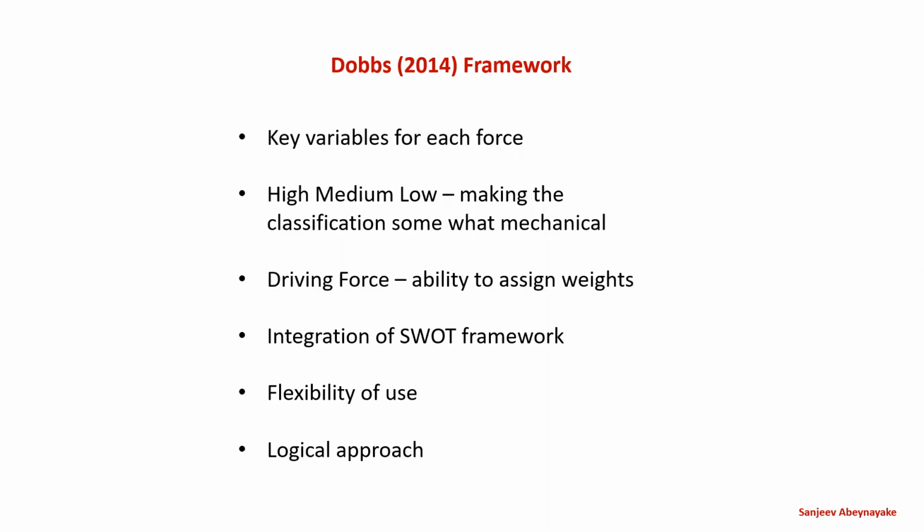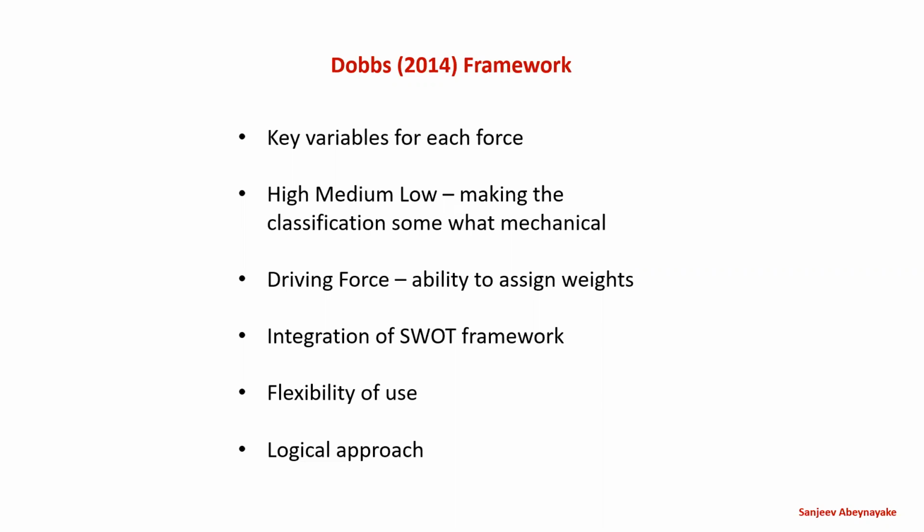to some extent. So a couple of features: for each force, he lists several key variables, and the purpose is to rate each variable from 1 to 10, 10 being the highest versus 1 being the lowest. And for each variable under each force, you can include a driving force or DF factor.